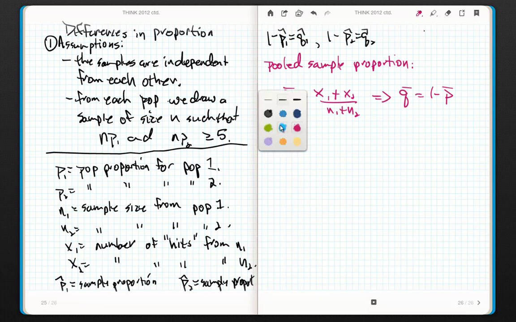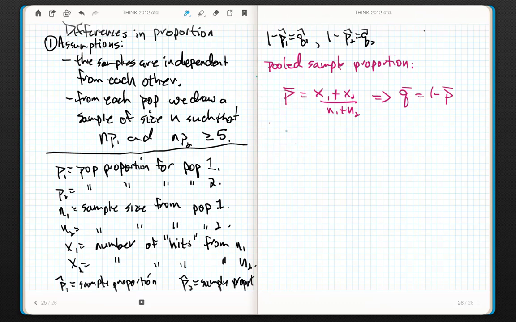Now, here's where it gets fun. All that you need is a z statistic, okay? We're going to do it with z, remember, because we know with binomials, as long as this condition right here is satisfied, we're in good shape. So all that z is, is P1 hat minus P2 hat, minus P1 minus P2.